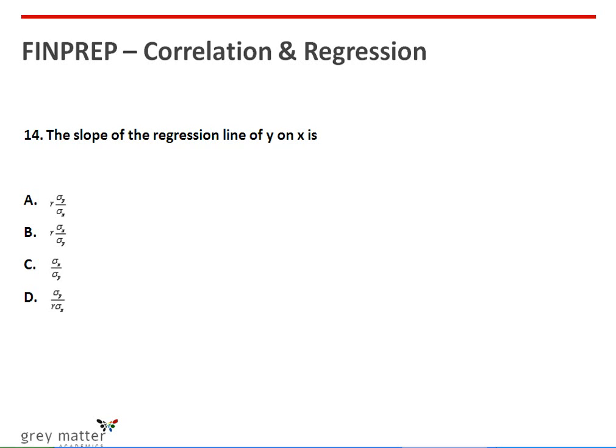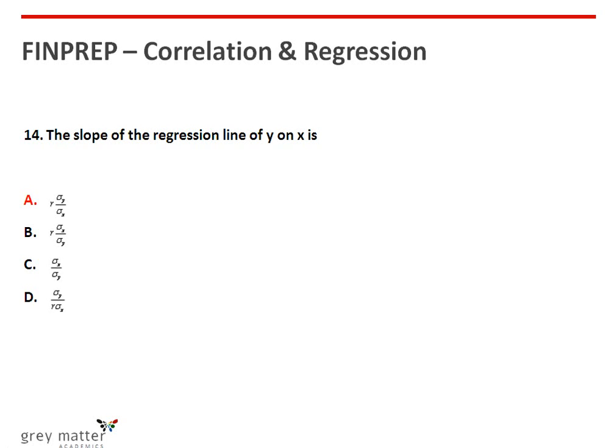14th question, the slope of the regression line of y on x is given by r into sigma y by sigma x. This is as per definition.